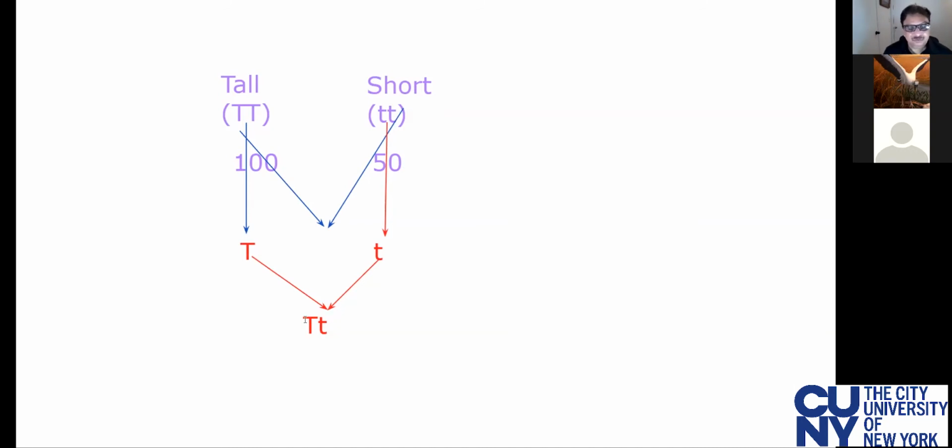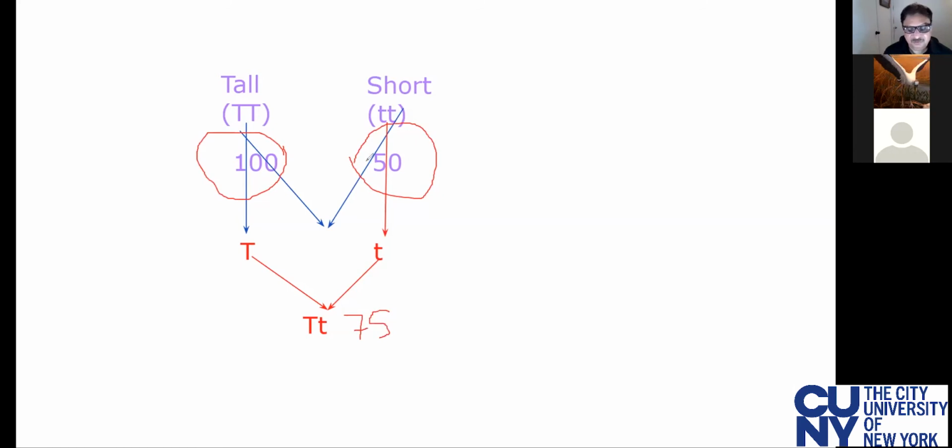Now, common sense would say that this plant was 100 centimeters, this plant was 50 centimeters, so they are fertilizing, they have undergone reproduction, so this plant should be 75, right?